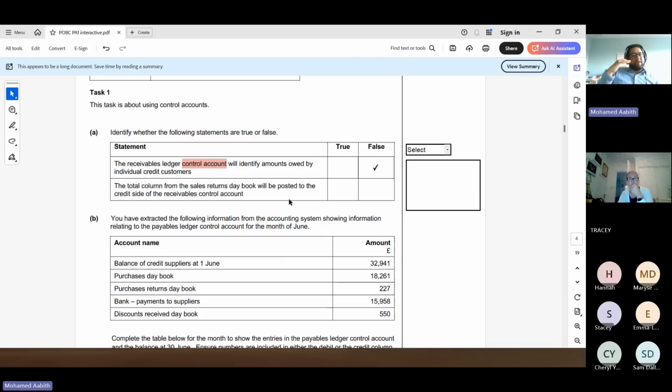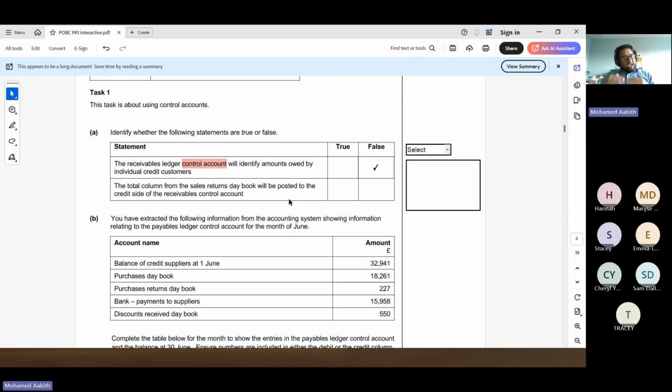So first thing we have to ascertain: what is a receivable ledger control account? It is the balance the customers owe you, because the sales were done on a credit basis. When we sold the goods to my customer on credit, you are creating an asset out of your customers. Assets normally go on your debit side.